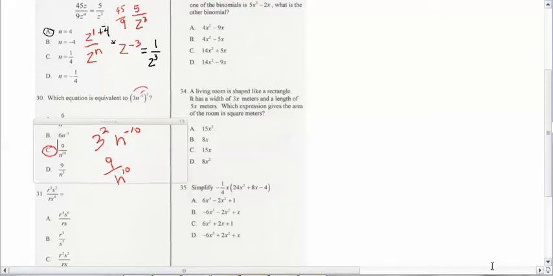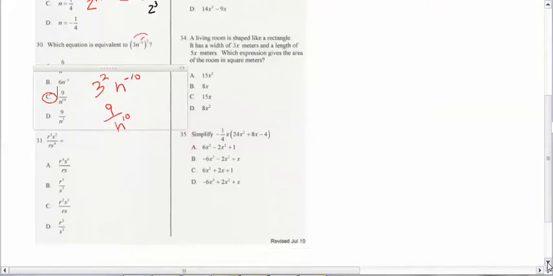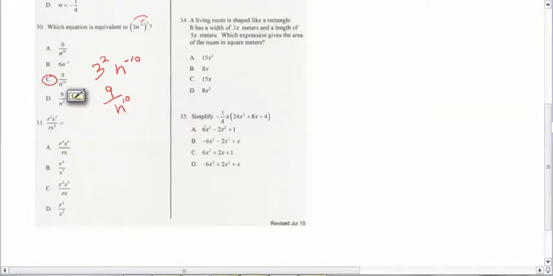Okay, number 31. Again, you're dividing bases. We're going to subtract exponents. So I have r to the third and r. There's an invisible 1 here. I'm going to subtract. I get r to the second. And then we have s to the second and s to the fourth.